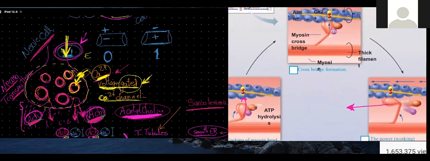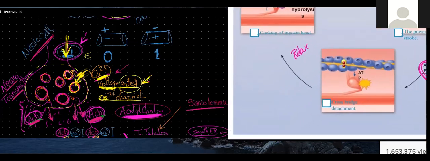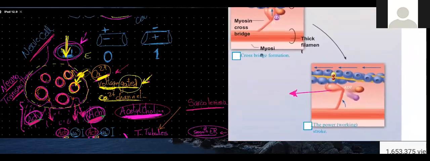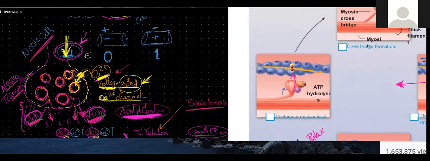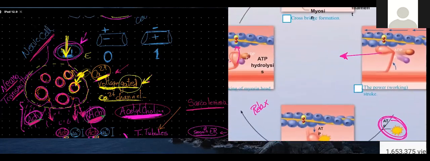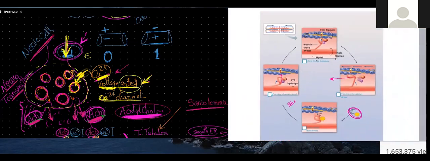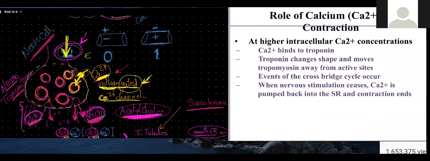You bind, bend, detach, bind, bend, detach. It's a cycle that takes place until you reach the degree of contraction that allows you to perform the action that you want.